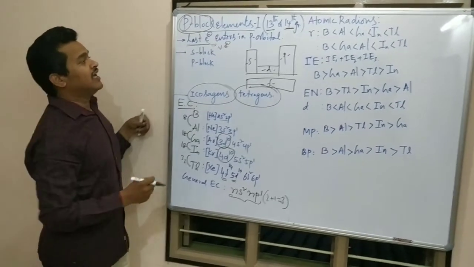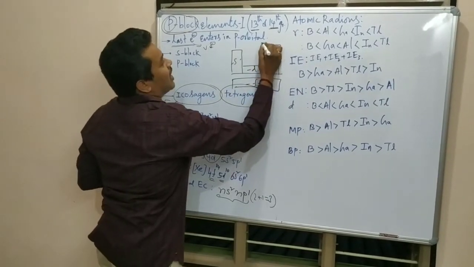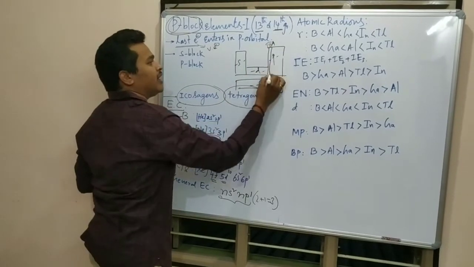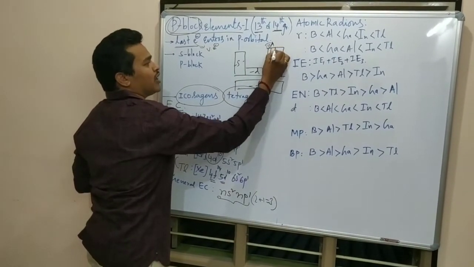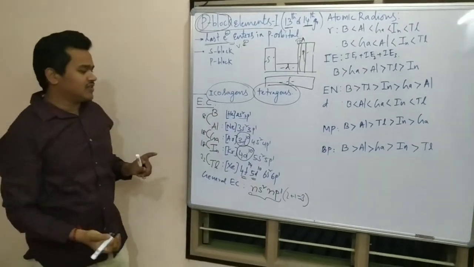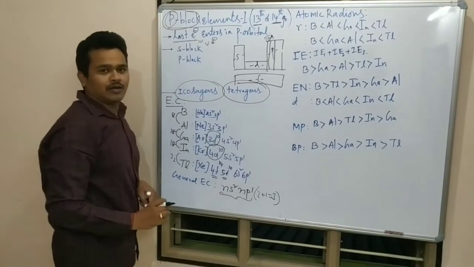That is why we can also study these 13th group elements as 3A group elements, located here, and the 14th group elements as 4A group elements, located here. This is about electronic configuration. Their general electronic configuration is ns2 np1.